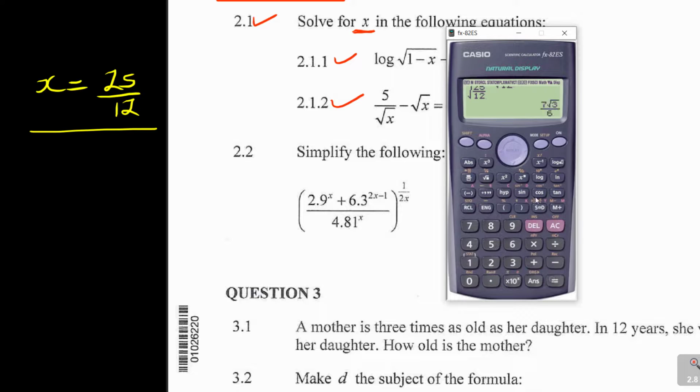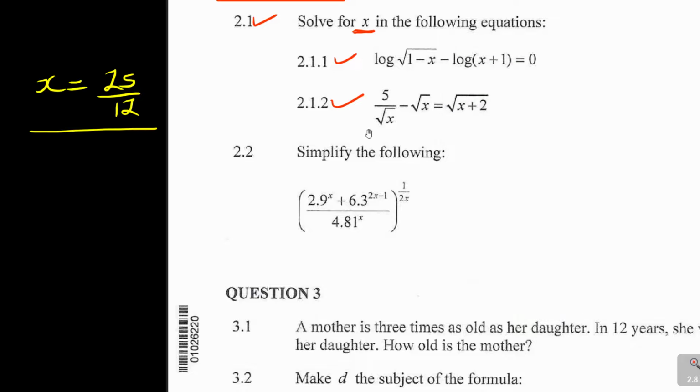I'm getting 7 root 3 over 6. So on this side, I'm getting 7 root 3 over 6. Let me do 7 root 3 over 6. That's what I'm getting, equal to, let's see what I'm getting on the other side. x is what?